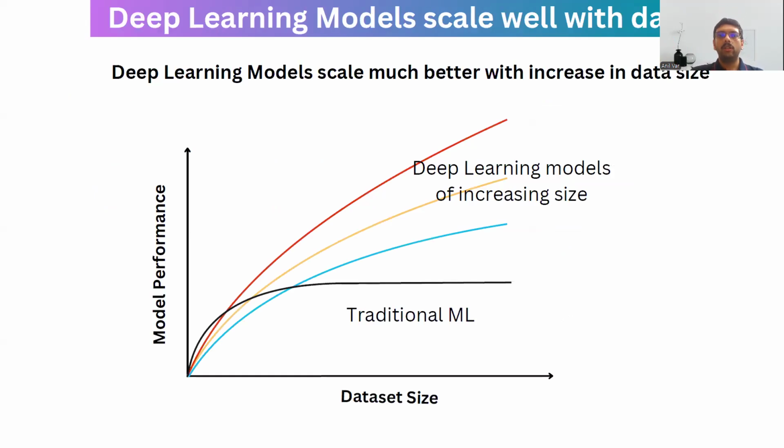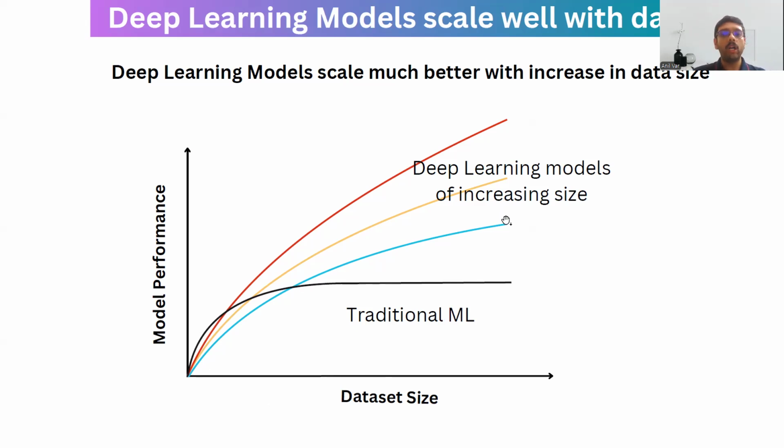One of the reasons why deep learning models are so popular is because they function very well as you increase data set size. If you employ a traditional machine learning model, initially it will do really well. Then as you increase the size of the data set, the traditional model stagnates, so you can't increase the accuracy a lot.